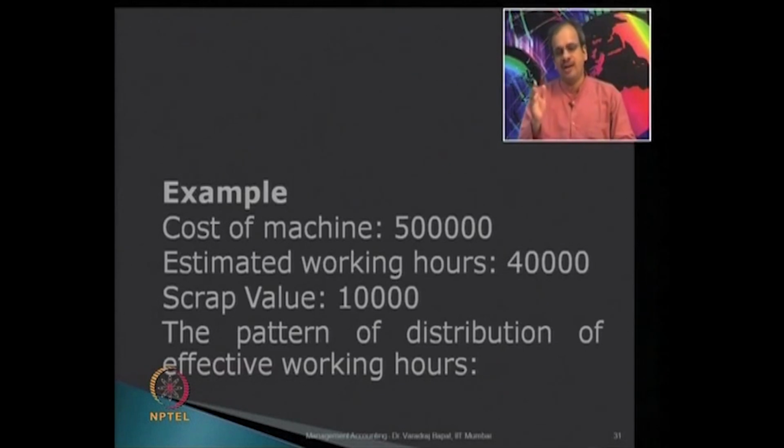First of all, you will have to calculate the depreciable amount throughout the life. So, 5 lakh is the cost minus 10,000, which is scrap. So, 4 lakh 90,000 becomes the amount to be depreciated over the life, and over the life we know that 40,000 is the number of hours. So, 4 lakh 90,000 divided by 40,000 is the hourly rate.